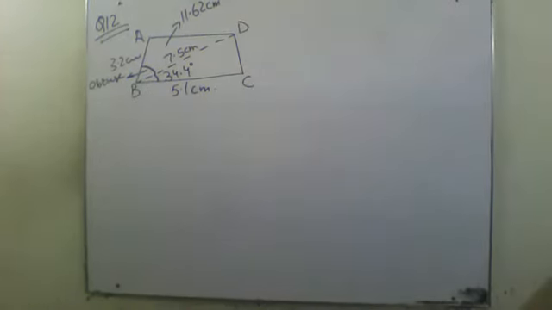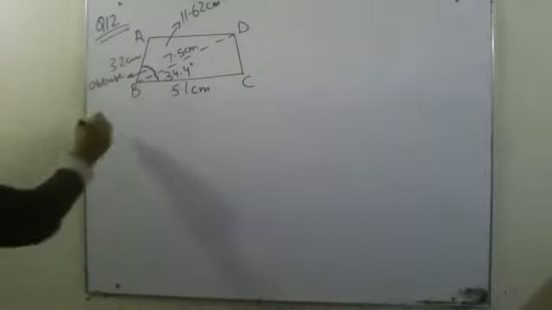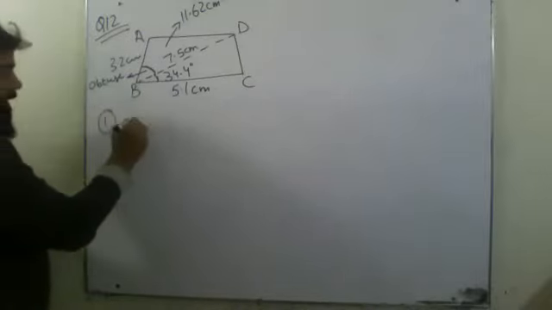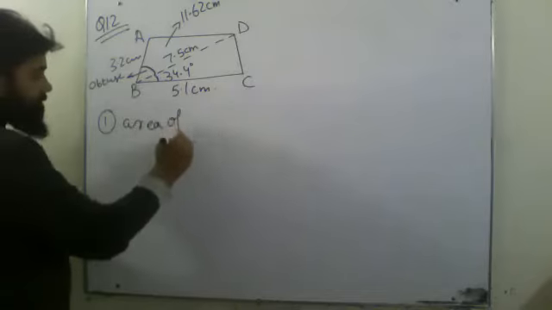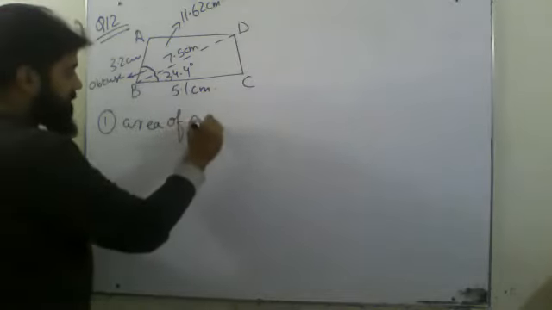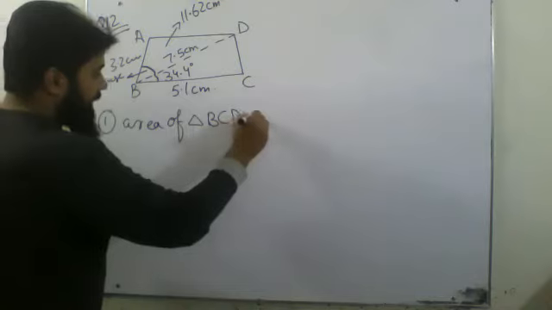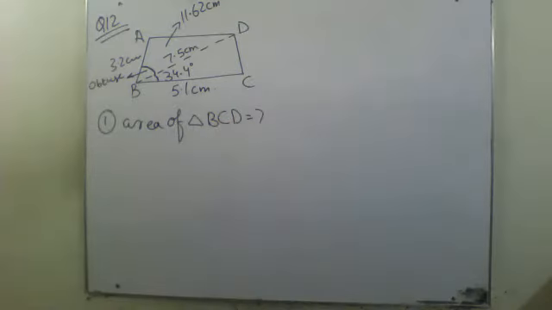Now in part A, they are saying that we have to find the area of triangle BCD.